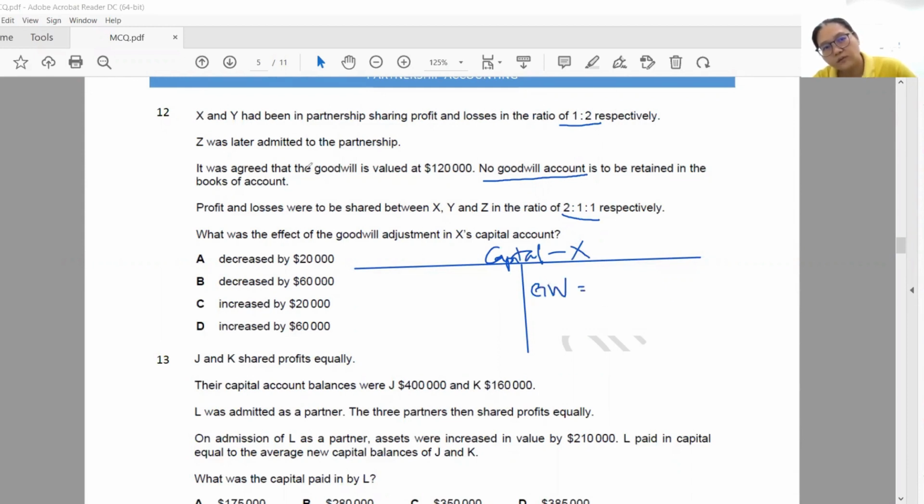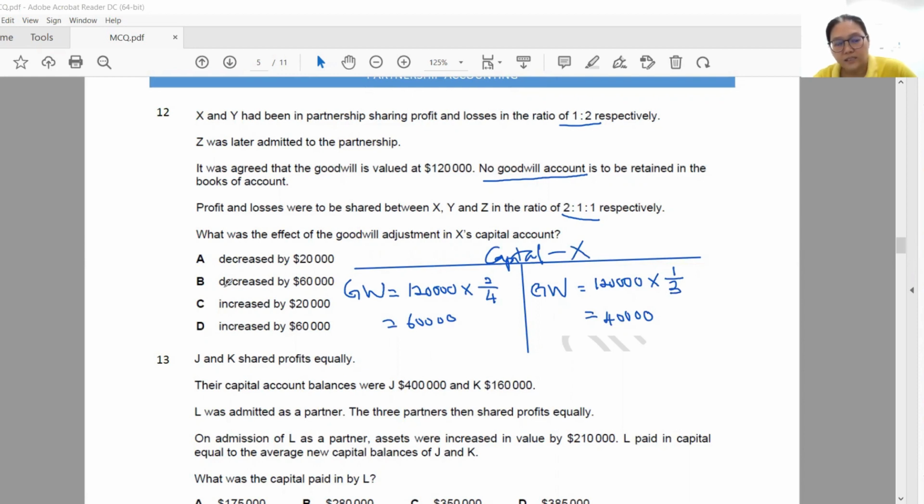So goodwill for X will be 120,000 times 1/3, which is 40,000. After the return of the goodwill, it will be 120,000 times 2/4, which is 60,000.